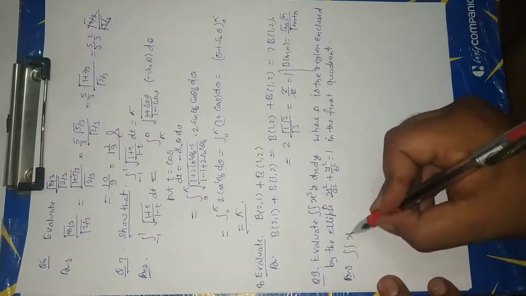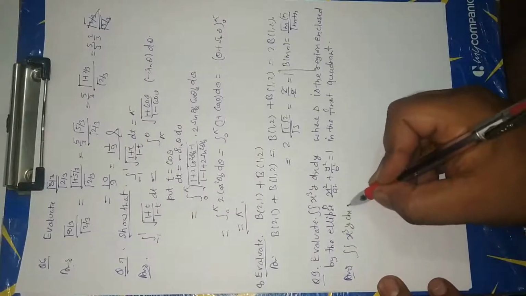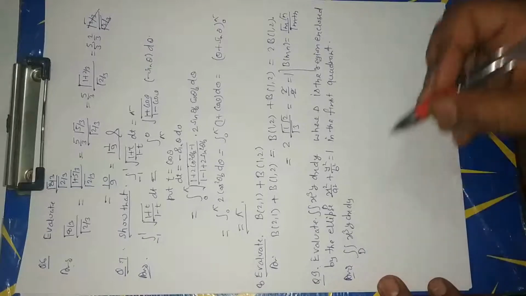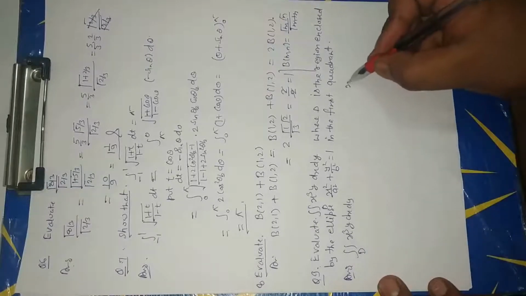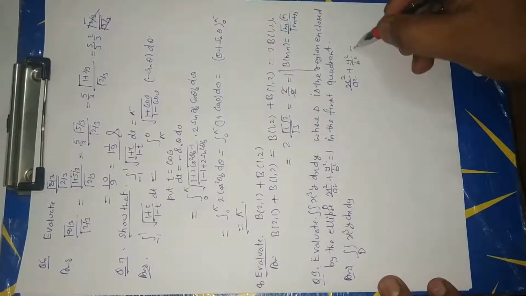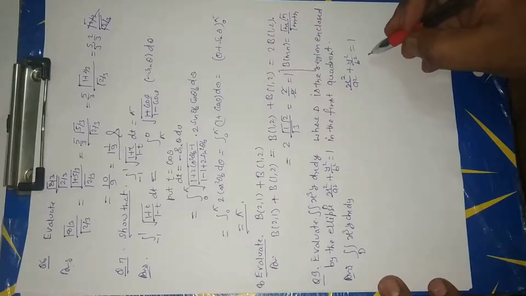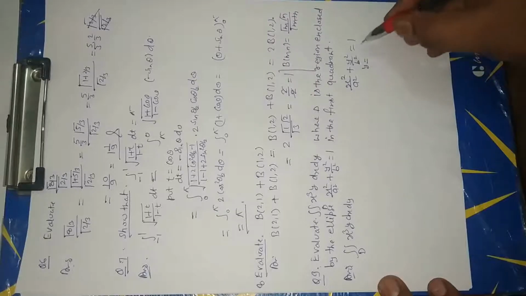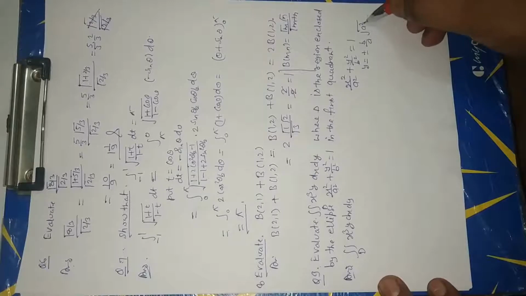Double integration of x cube y dx dy over region D, where x square upon a square plus y square upon b square is equal to 1. Now we can calculate the value of y as plus minus b upon a root of a square minus x square.